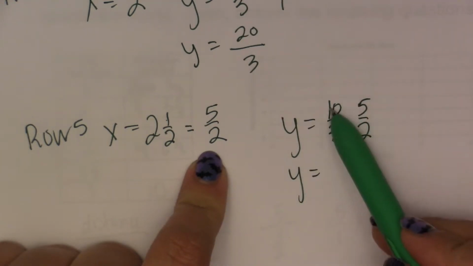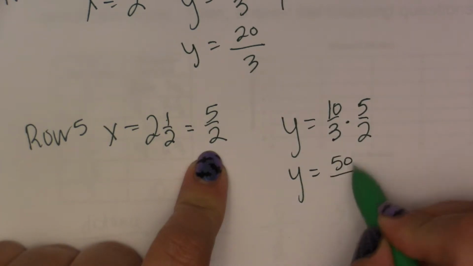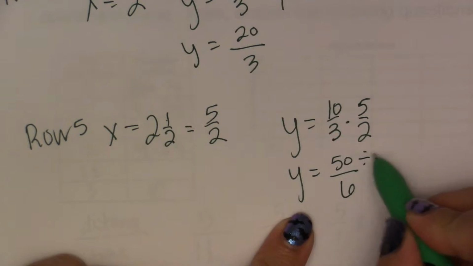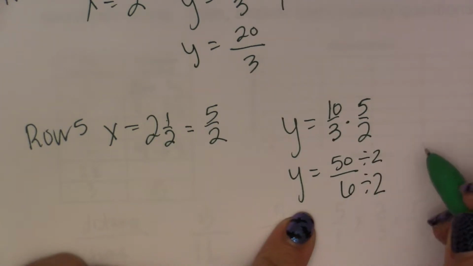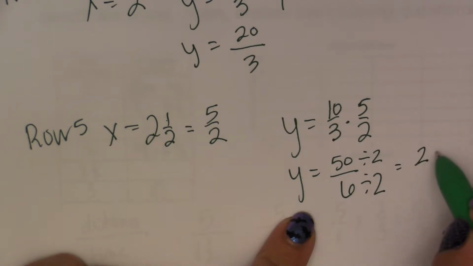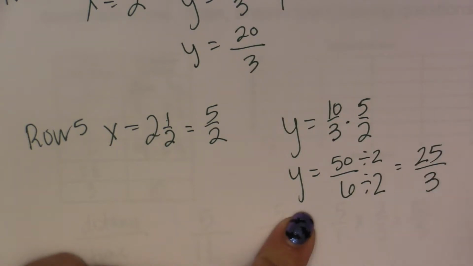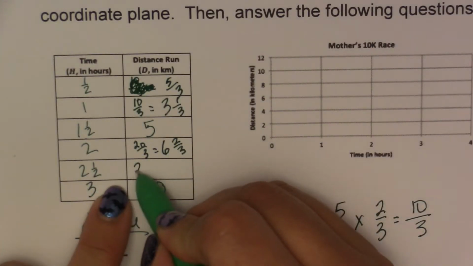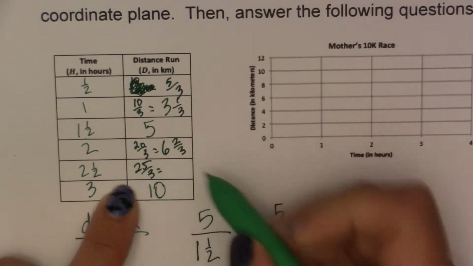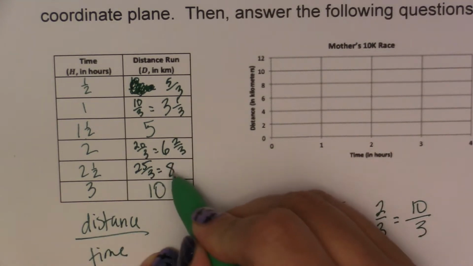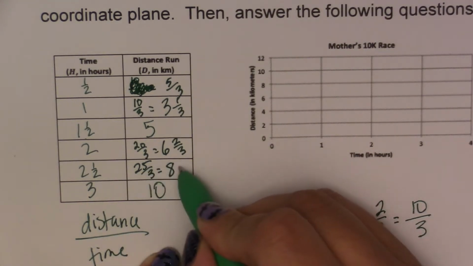All right, when we multiply, 10 times 5 is 50. 3 times 2 is 6. I know these are both evens. I'm going to go ahead and divide them by 2. So that gets me 25/3. That goes in my table. 25/3. Let's see. 3 goes into 25 8 times. 8 times 3 is 24, so I'd have 1 left over.